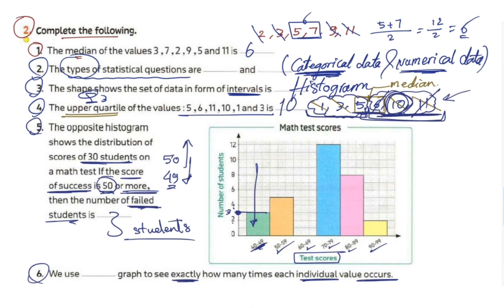So when you see the words exactly and individual value, directly go to what? Go to dot plot. If you see intervals, go to histogram. Okay, and so on. Now let's go to the next.